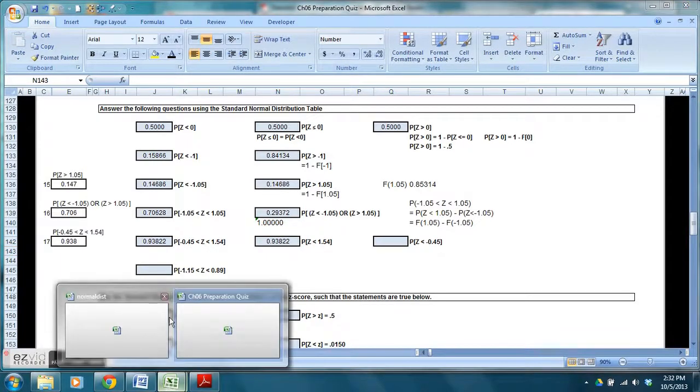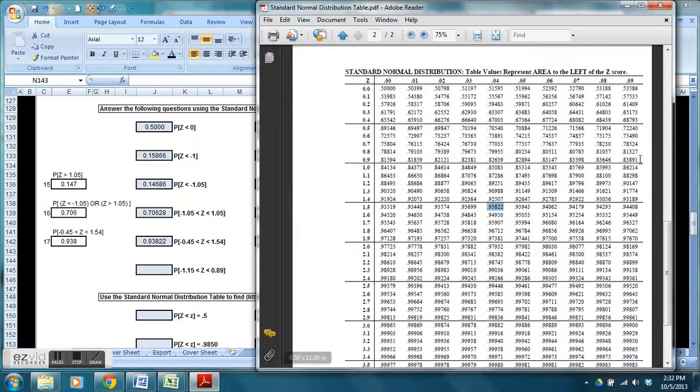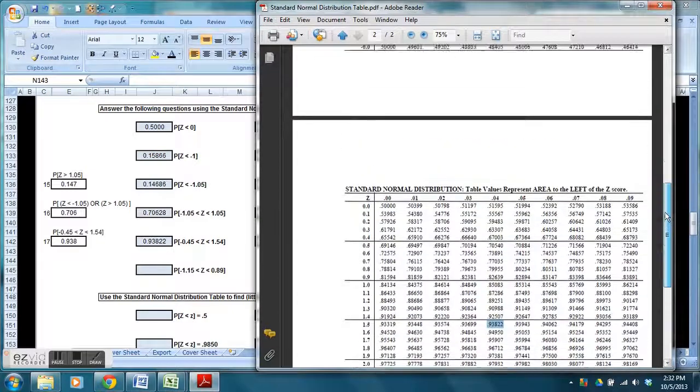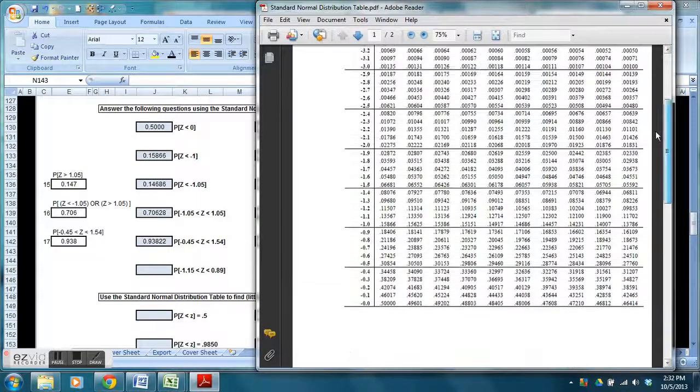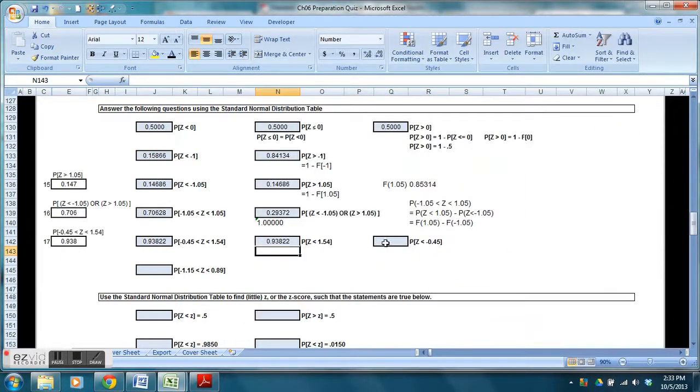Now find the probability of z being less than negative 0.45 in our table. This is everything to the left of negative 0.45: 0.32636.